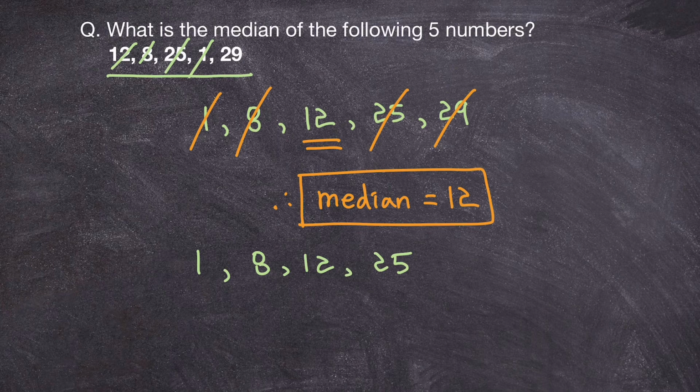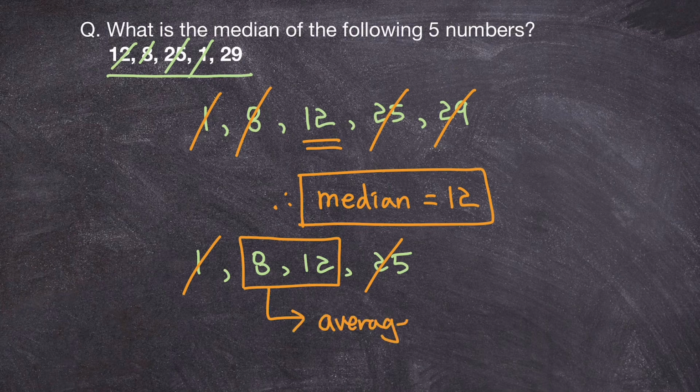Since we have even numbers, if I do crossing from both sides, I'm not left with any value, right? So what you can do in this case is to cross out numbers. And when you are left with 2 numbers, you do not cross them out. Instead, you take average of those 2 numbers, and that'll be your median.